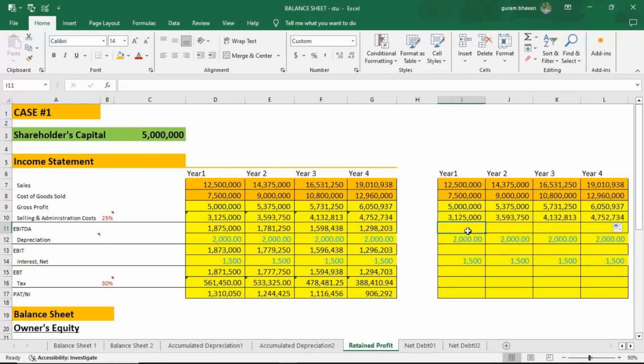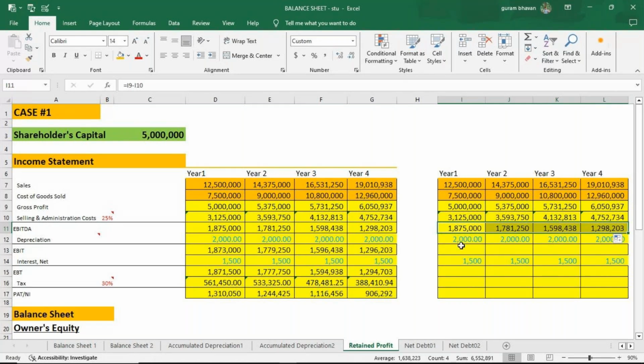Next one, EBITDA, earning before interest, tax, depreciation and amortization. That will be equals my gross profit minus selling and administration cost. I'll drag it towards my right. They are telling the depreciation value is 2000 rupees every year.